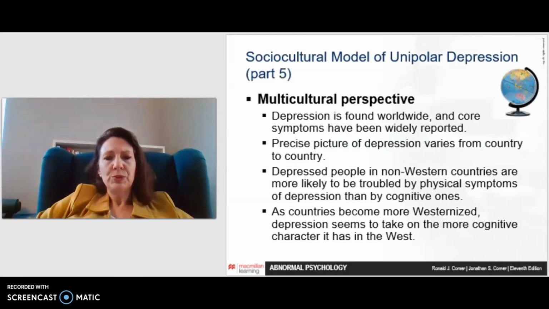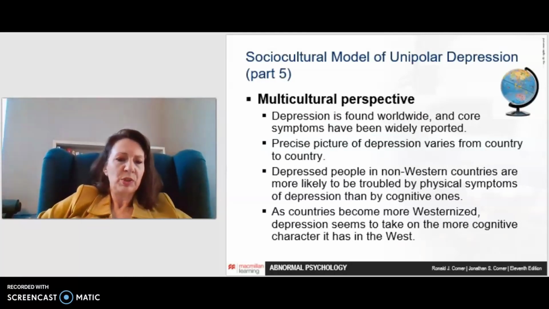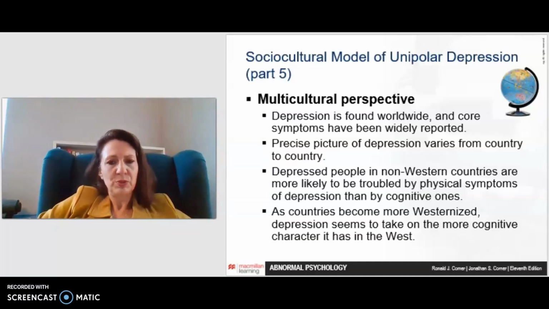In terms of the multicultural perspective, we know that depression is a worldwide phenomenon, but it varies from place to place. In depressed people from non-Western countries, we are more likely to see them troubled by physical symptoms more so than cognitive ones. But as societies become more westernized, depression becomes more cognitively based.